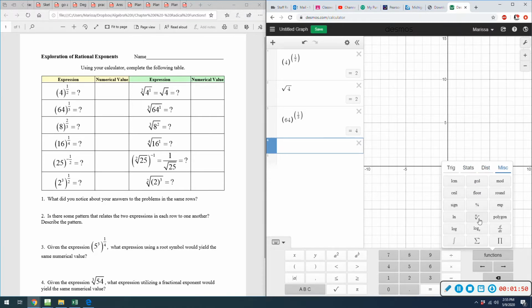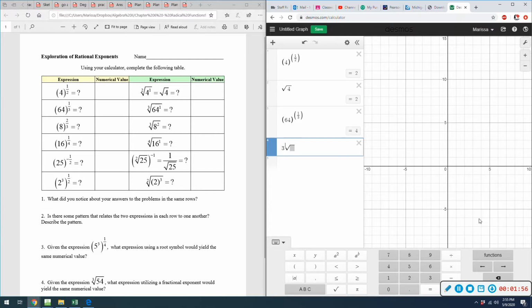Right now it says n root, so I have to put a 3 in that little gray box so it knows I want the cube root. Then we'll do 64 to the first power, which is just 64. So also 4. Hopefully we're seeing a thing.